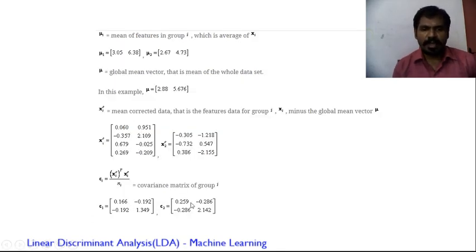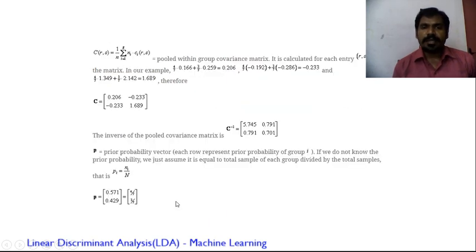So we are trying to find the covariance of both the groups. I am trying to combine these two. So this is computed as 4 out of 7 into 0.166 plus 3 out of 7 into 0.259, right?